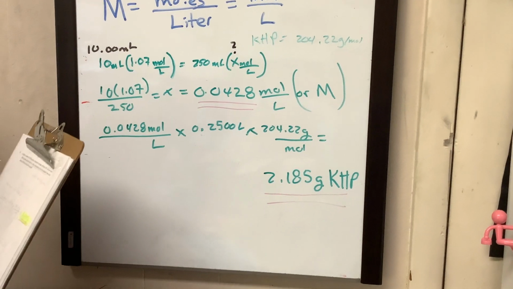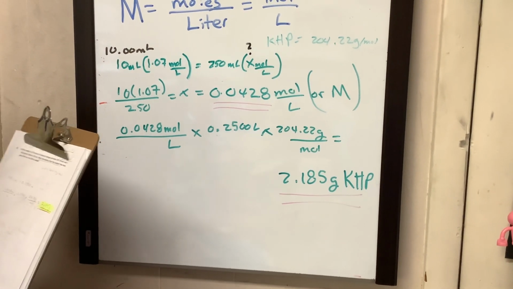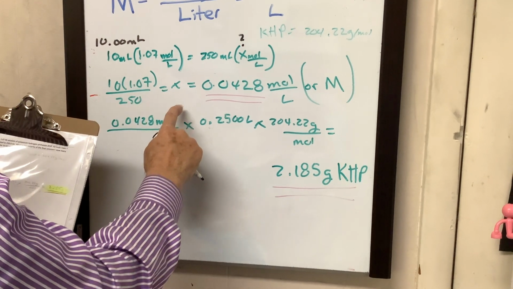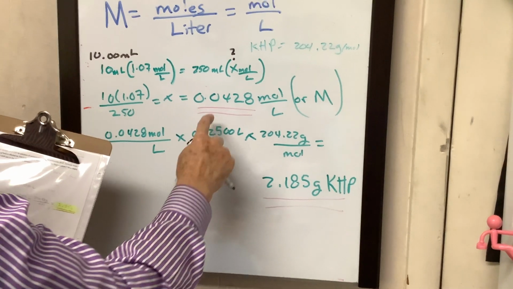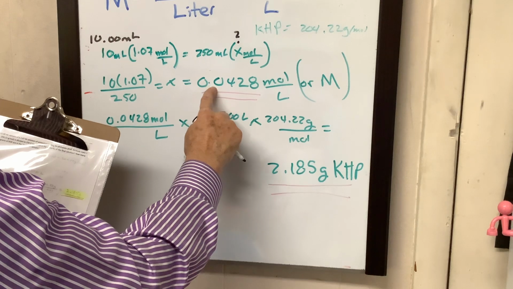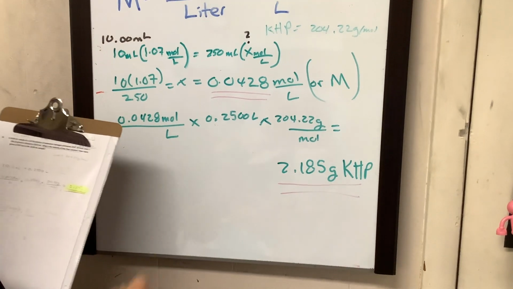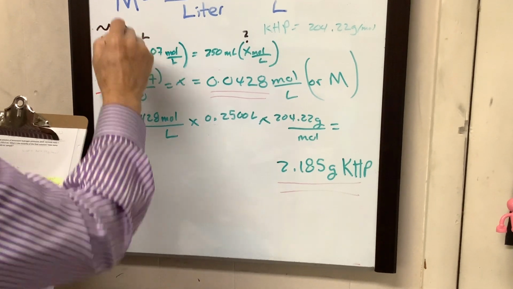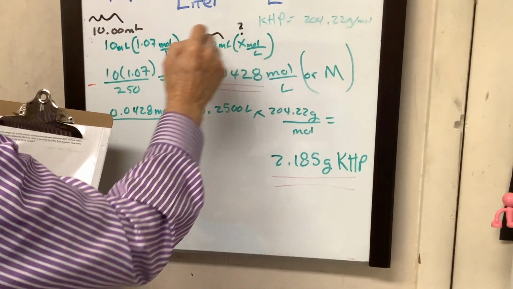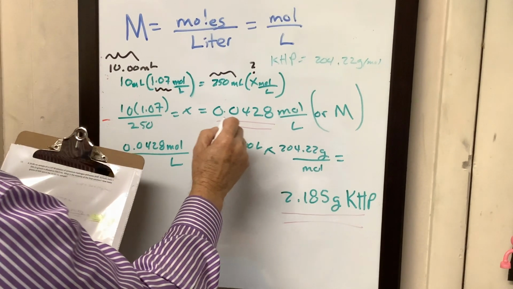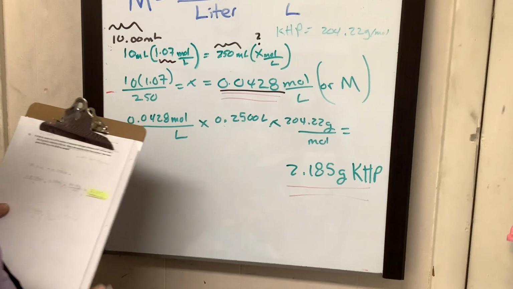The milliliters cancel. And if I multiply 10 by 1.07 and divide by 250, I find that my X is equal to 0.0428 moles per liter. I have 4 significant figures here, 3 here, 3 here, so I figured I could use 3 here.